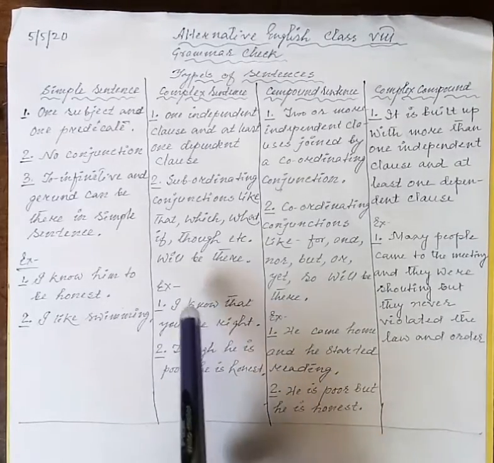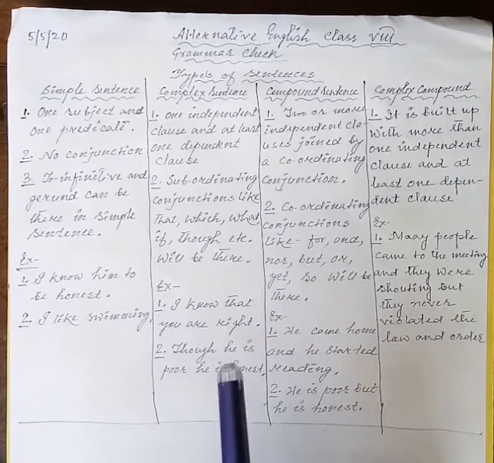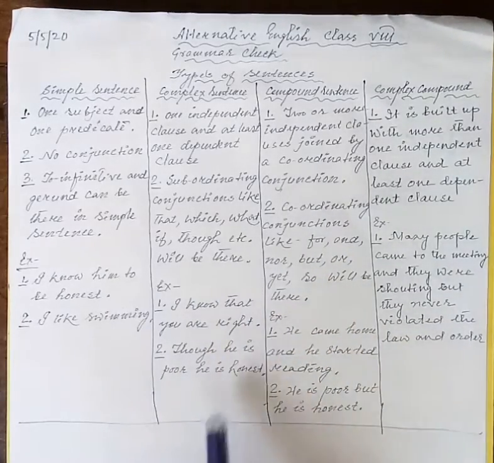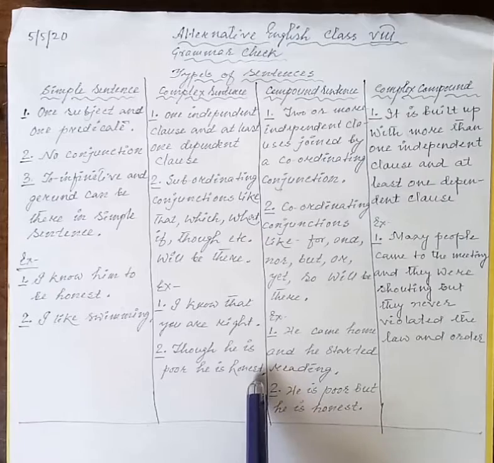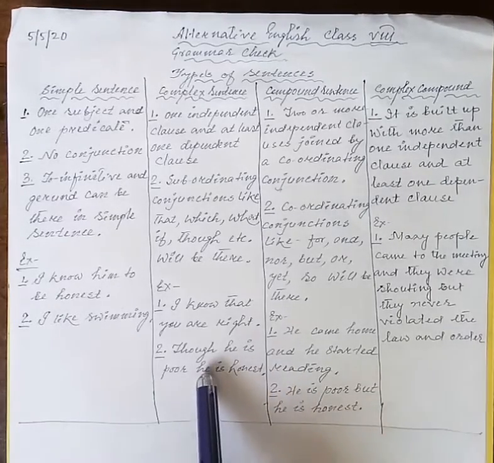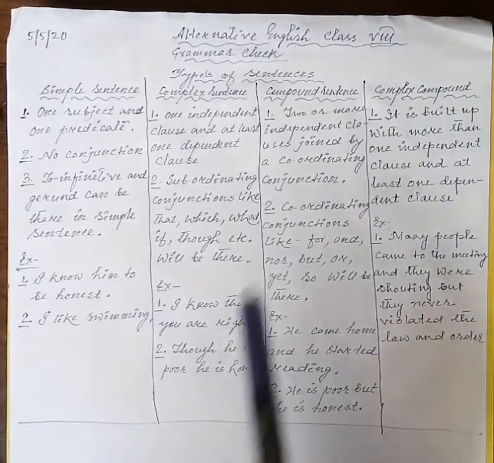I know, independent clause, and these two make what? A complex sentence. Though he is poor, this is the dependent clause. He is honest, this part is independent. So this is a complex sentence. I hope you have understood what I am telling up to this point.